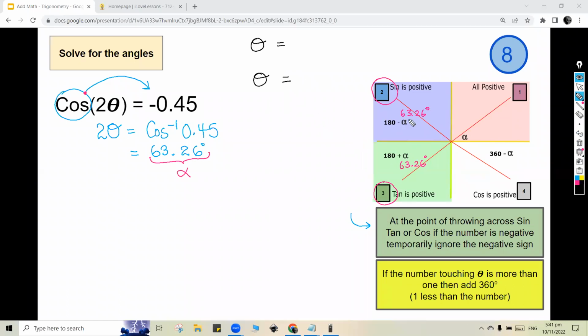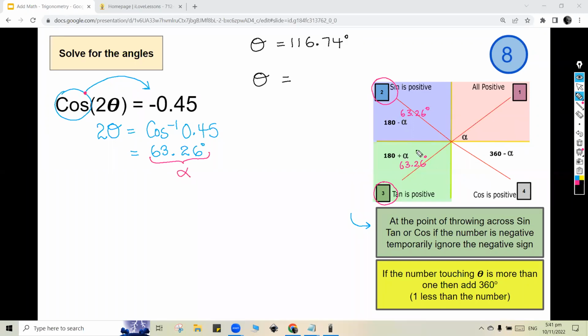For this one here, I'm getting 148.37. That looking correct? Okay, somebody give him a wrong answer. I was stealing somebody's answer. Sorry, I won't do that again. All right, 180 minus 63.26, and I'm getting 116.74 degrees.